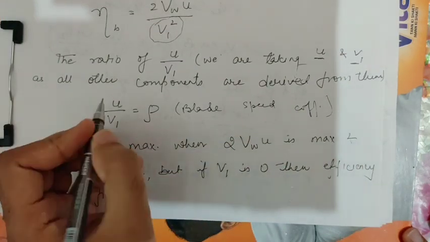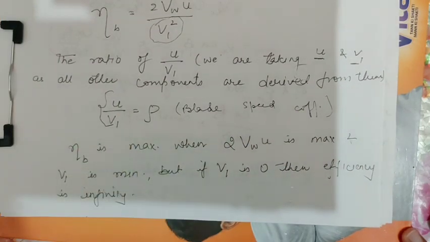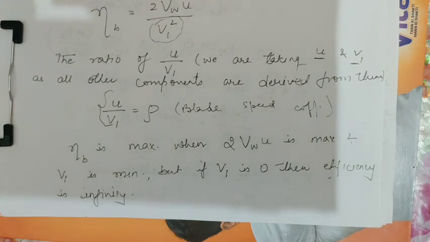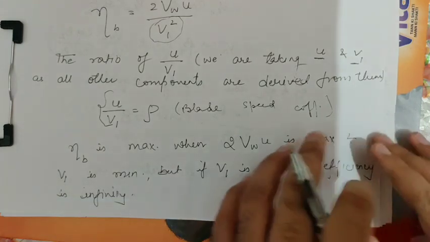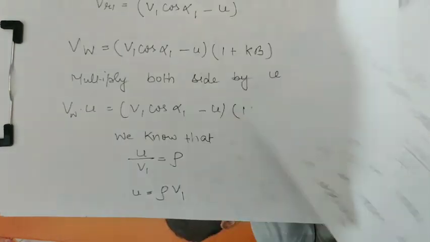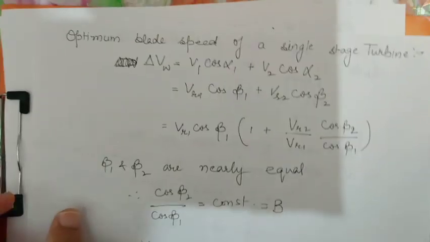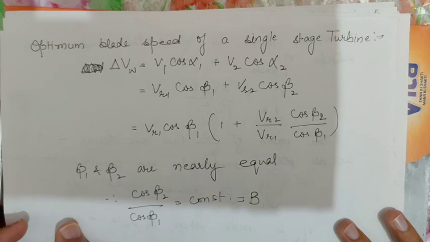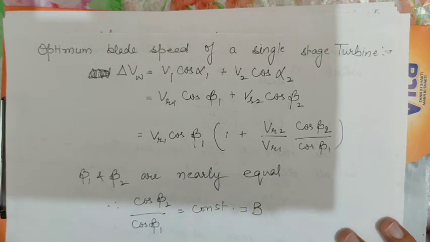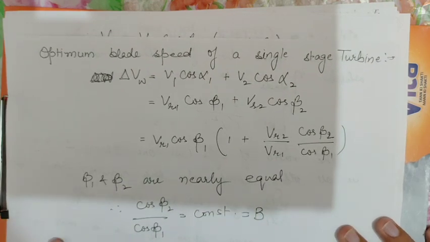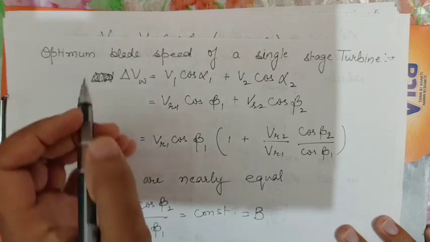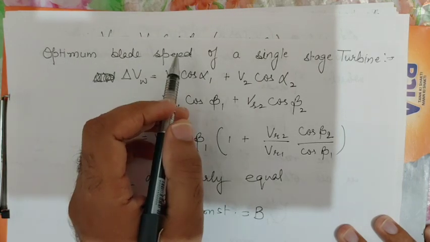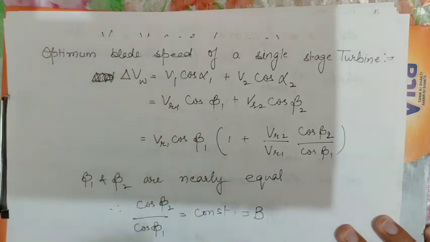So we have to find the optimum blade speed, that is, the value of u by V1 at which ηb is maximum.